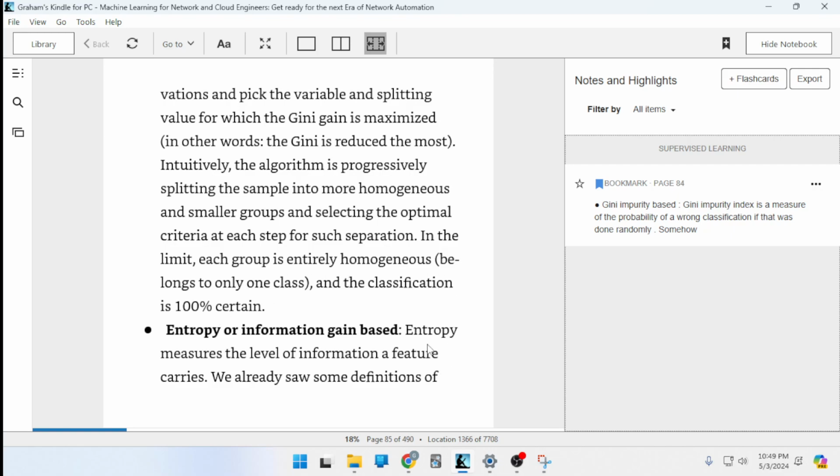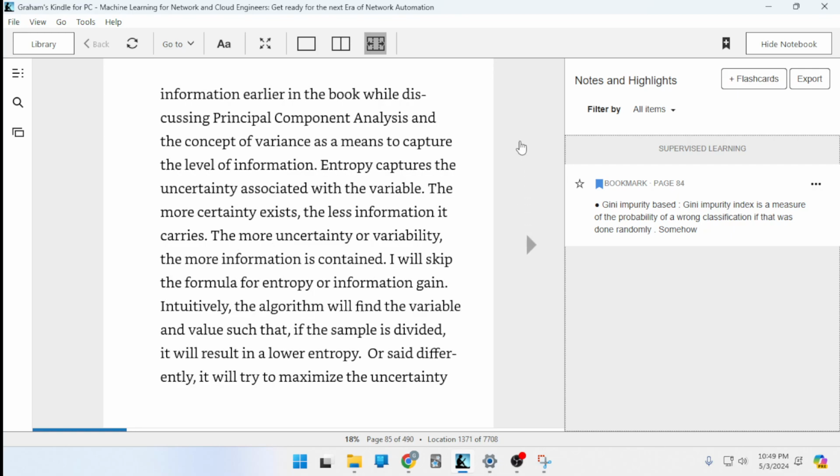We already saw some definitions of information earlier in the book while discussing principal component analysis and the concept of variance as a means to capture the level of information. I don't remember that at all either.